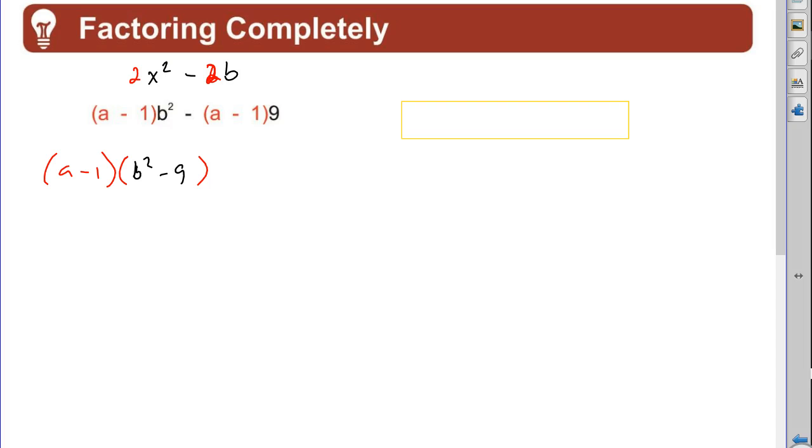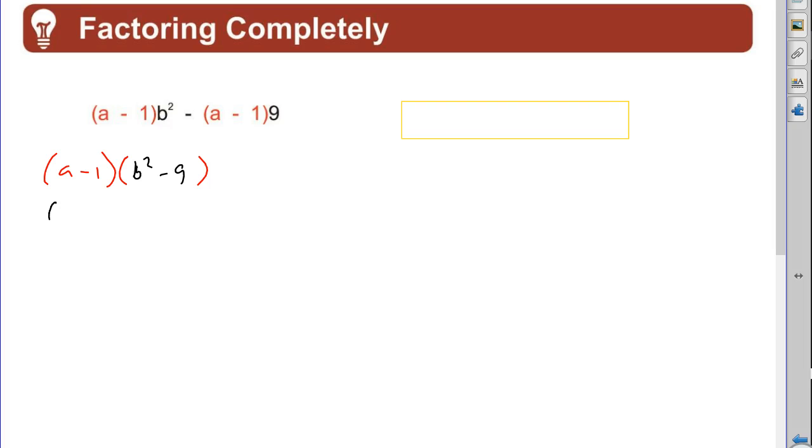You see how I'd take out the common 2 and I'd have left an x squared minus b? So don't let the fact that you have a parentheses throw you off, all right? Just because it's a minus 1 in parentheses, together that's simply a number, and you're going to factor out that common factor. Okay, well, remember, we have to factor completely.